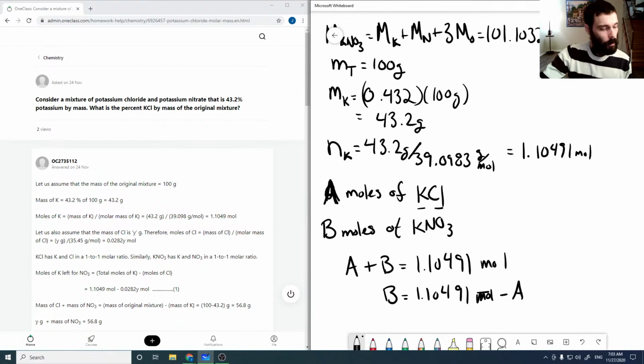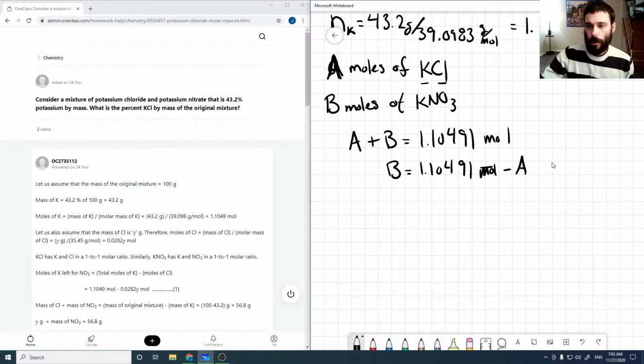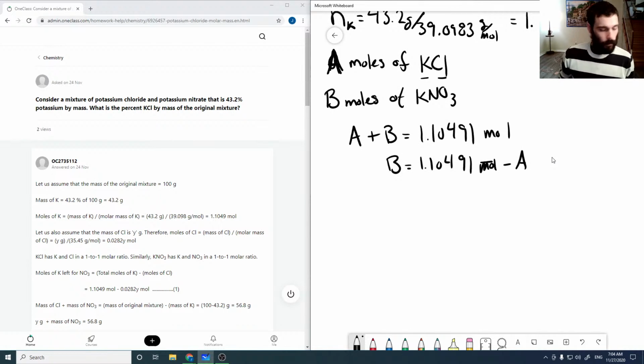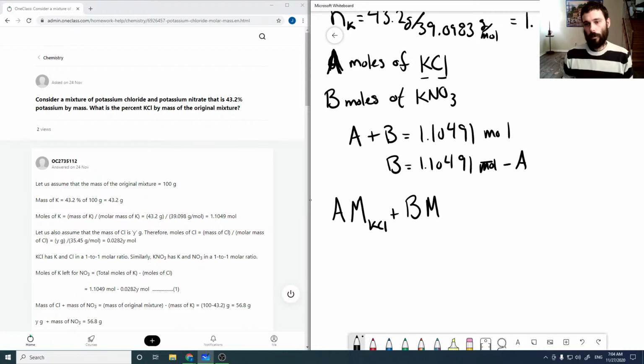And so if those are our molar amounts, and now looking at our total expression, right? If we have A moles of KCl, then A times our molar mass of KCl plus B times our molar mass of KNO3 is equal to our total mass, which in this case we're taking as 100 grams.